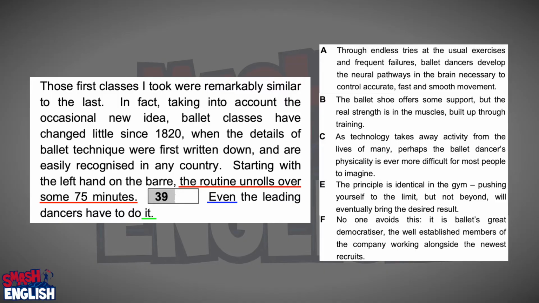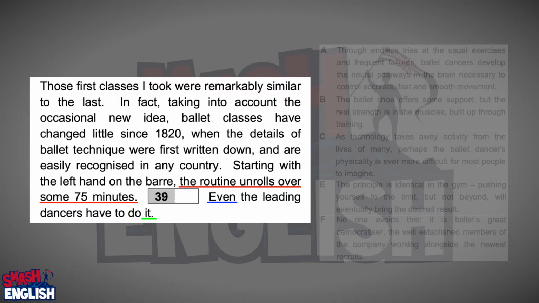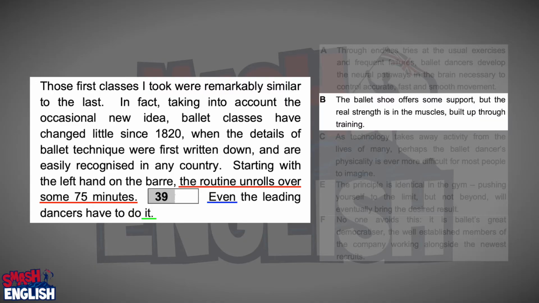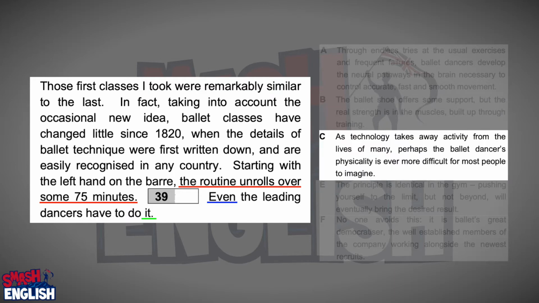So let's see. Could our answer be A? No, because nothing in A would correspond to the pronoun it, so we can eliminate A. Could it be B? No, because the ballet shoe is irrelevant to this. Could it be C?